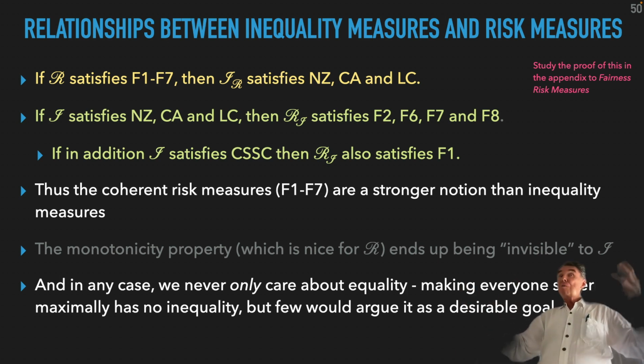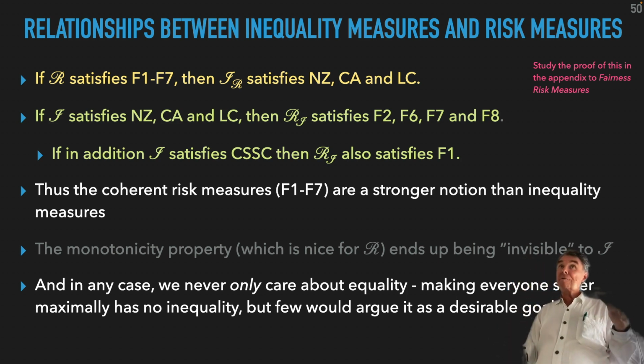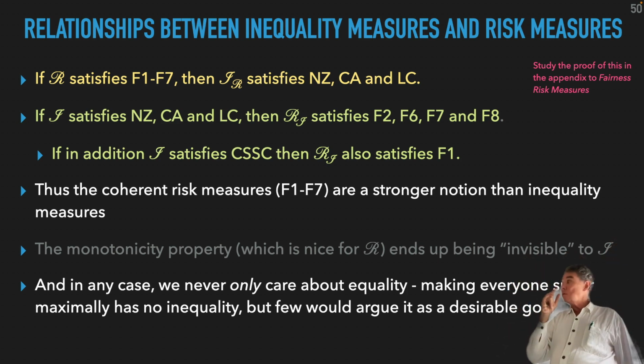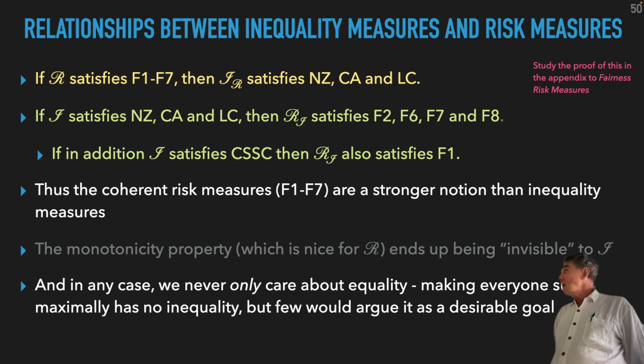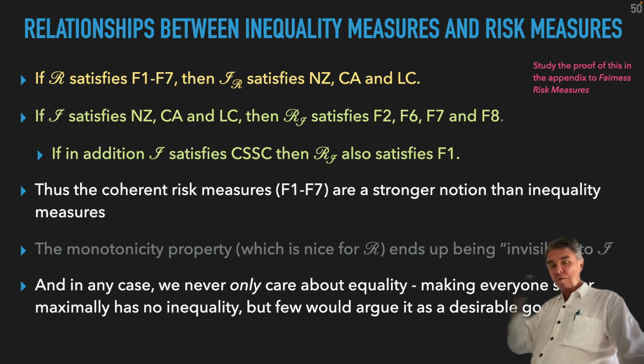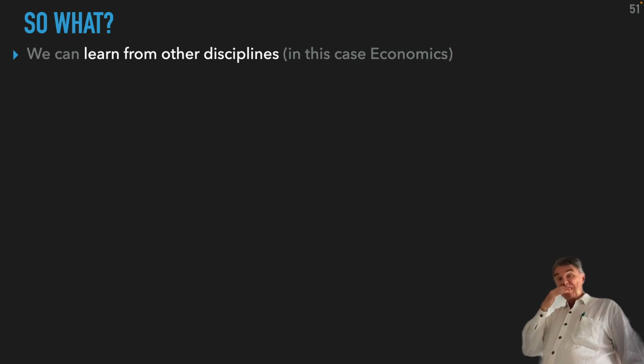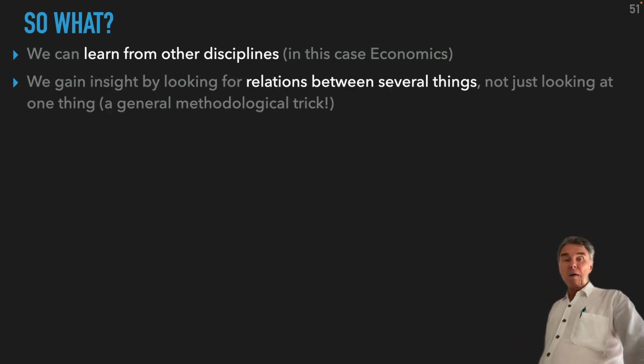Welfare is both everyone's roughly equally well off and you're all on average well off. If you keep that distinction in mind, then we've reduced one to the other, which seems to me a fairly compelling argument why these fairness risk measures should be paid attention to. So what? It's interesting to learn from other disciplines.